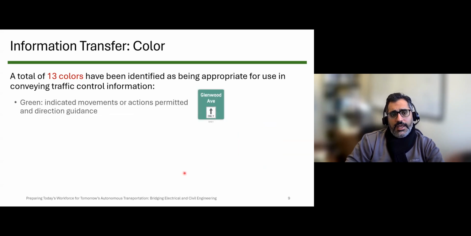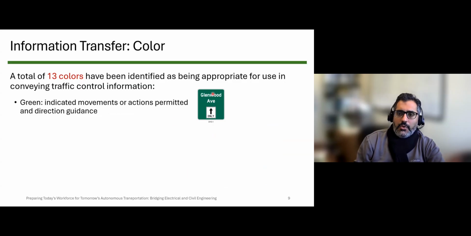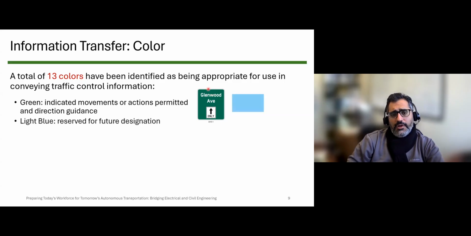What other colors do we have? We have green, which indicates movements or actions permitted, and direction guidance. Like if I have a local street and I want to show that this lane goes to that local street, the color that we use in the background would be green. We have light blue, another color that is reserved for future designation.